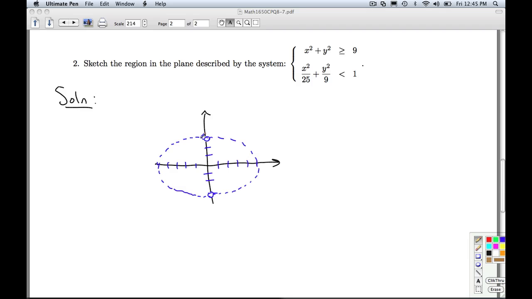And then we got the circle there, and the circle is solid except at the y-intercepts. And then our solution is everything in between. Okay, so we label this. And that'll do it for checkpoint quiz 8.7.